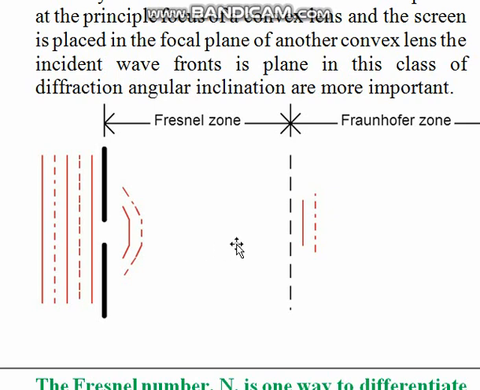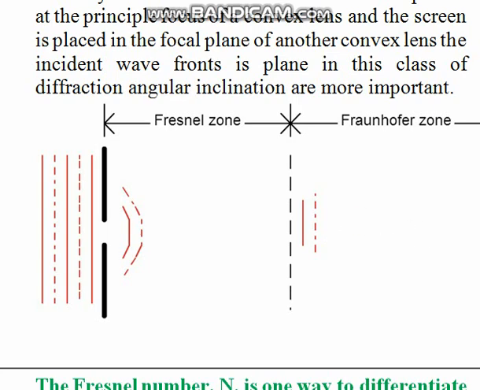If we move far from the slit, at somewhat large distances, then we find another pattern known as the Fraunhofer pattern or Fraunhofer diffraction. So basically Fresnel diffraction is diffraction at finite distances, while Fraunhofer diffraction is diffraction at infinite distances.